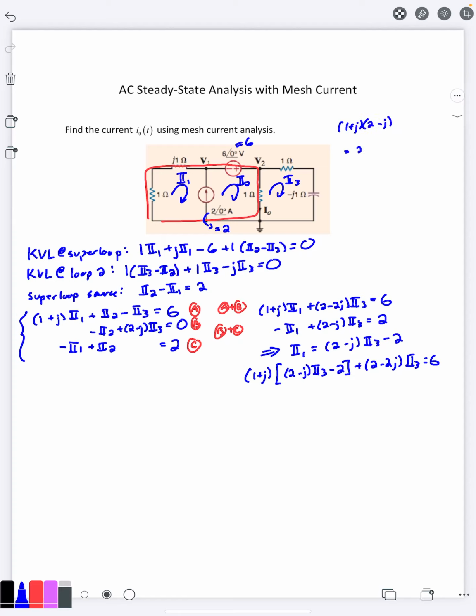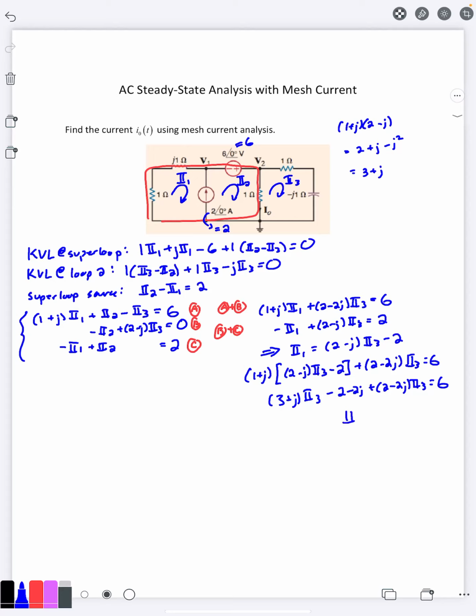So let's see, when I distribute this, it's going to be 2 minus j plus 2j is going to be plus j, and then minus j squared is really going to be plus 1. So we're going to have a 3 plus j there. So we're going to have 3 plus j I3, distributing 2 in, minus 2 minus 2j plus 2 minus 2j I3 equals 6.